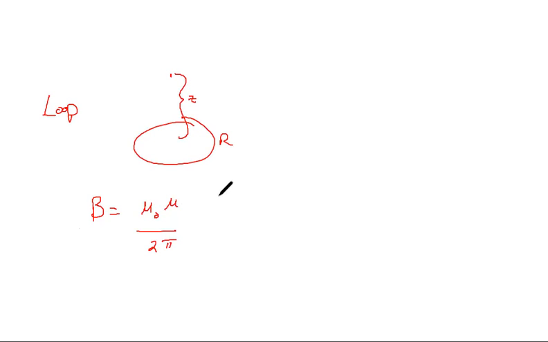If I have a loop of radius R, and you want the magnetic field right in the middle at some height Z, the formula, the one I used in the first example I was trying to show, is mu naught times mu over 2 pi times 1 over R squared plus Z squared to the 3 halves. They use X, not Z, so you just replace Z with X.